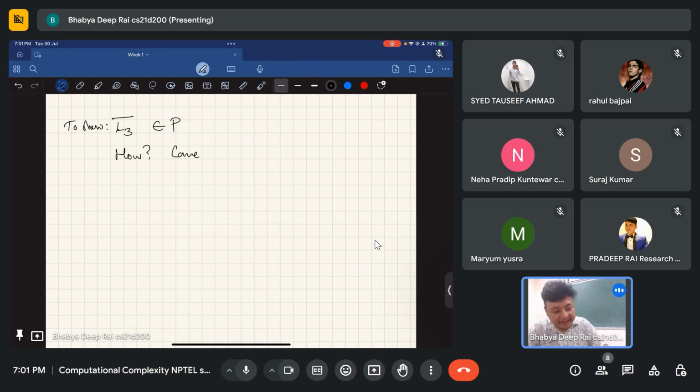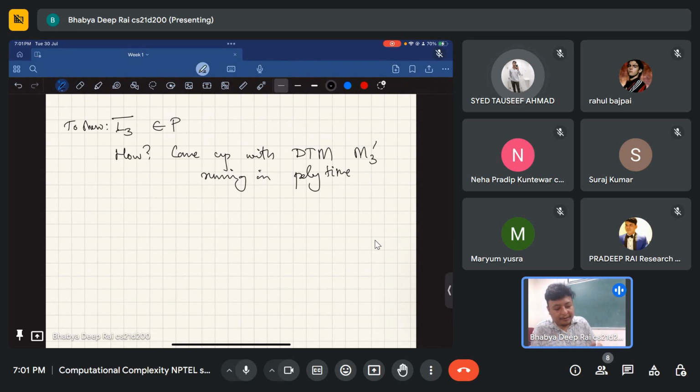By the definition of P, come up with a deterministic Turing machine, which I'm calling M3 prime, running in polynomial time. This is the aim. This much is clear, right? How to show L3 bar is in P.